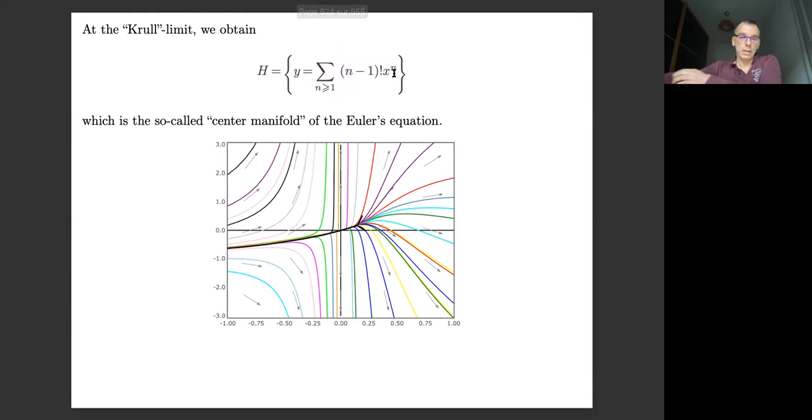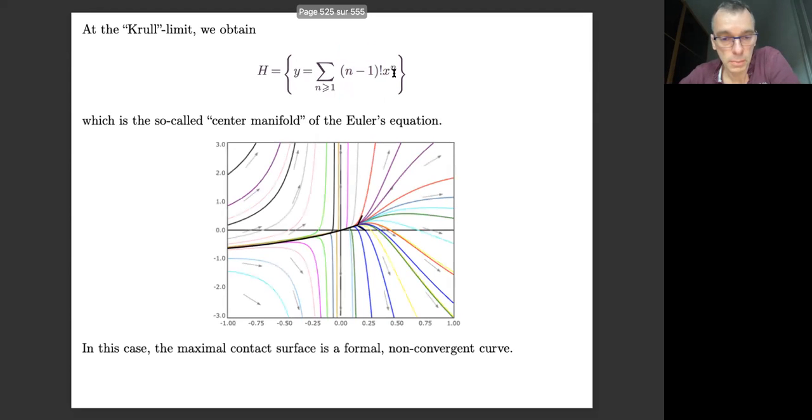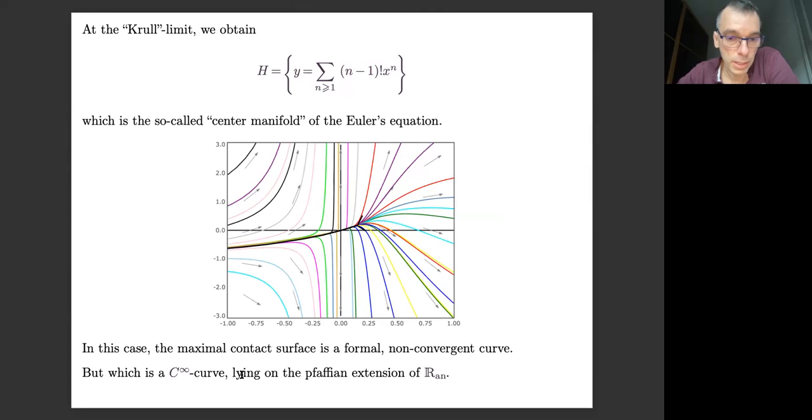In this case, I've drawn the phase portrait of the Euler equation. So the maximal contact surface is a formal, non-convergent curve, but it's C infinity. In fact, I think you can prove that it lies in an o-minimal structure, which is the Pfaff closure of the real analytic functions.